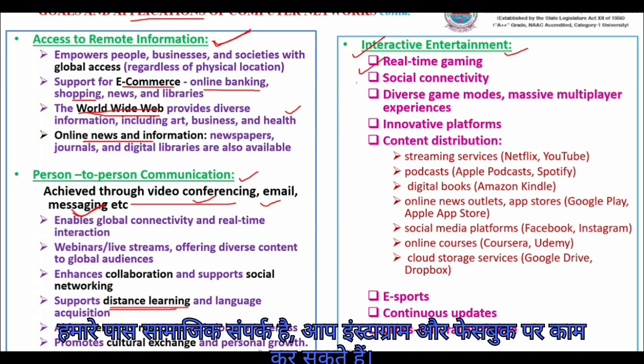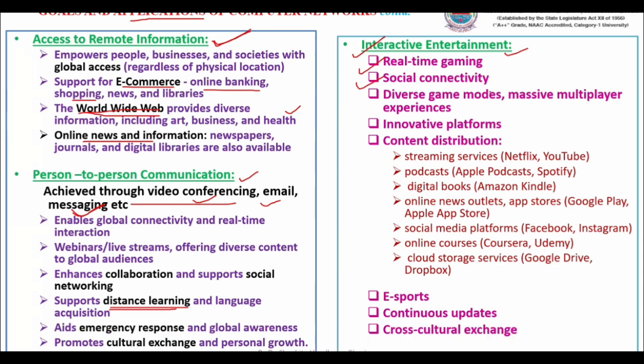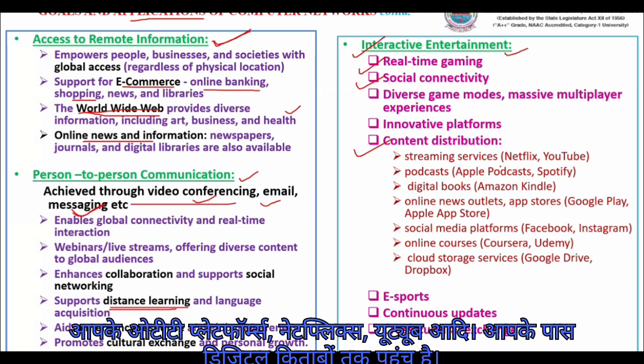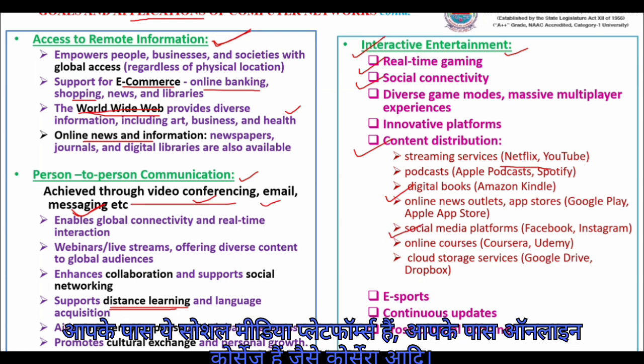Then interactive entertainment: we have gaming, we have social connectivity. You might be having Instagram and Facebook accounts and working on them, and so on and so forth. Then you have content distribution systems like your OTT platforms, Netflix, YouTube, etc. You have access to digital books.